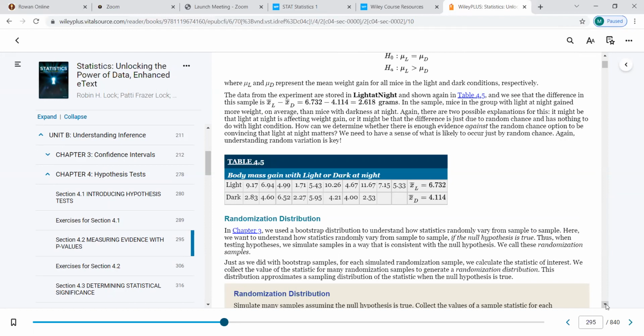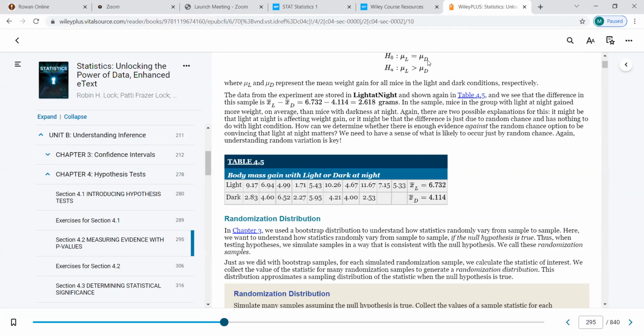So when we create the so-called randomization distribution using computer simulation, we're going to assume that the null hypothesis is true. Now, what's the null hypothesis in this case? That the mean of the light group and the mean of the dark group are equal to each other. I hope you know mathematically that's equivalent to saying that the difference between the two means would be zero, right? If they're equal to each other, that means if we subtracted them, it would be zero.